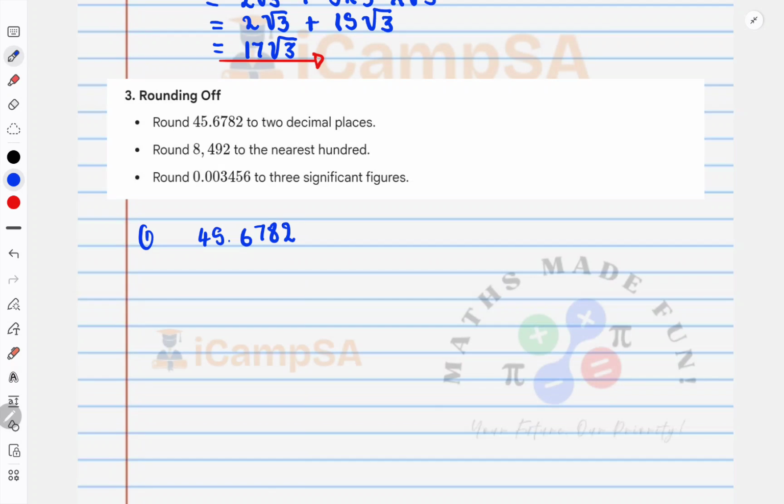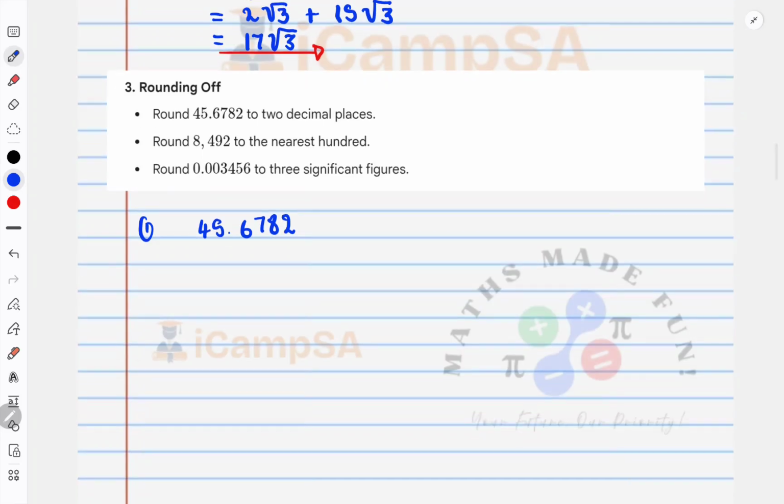Okay, for number 1, we have 45.6782, and then we're asked to round to 2 decimal places. When we're asked to round to 2 decimal places, they're asking for 2 numbers after the decimal point. And we see that the cutoff number here is 8, and it is greater than 4.